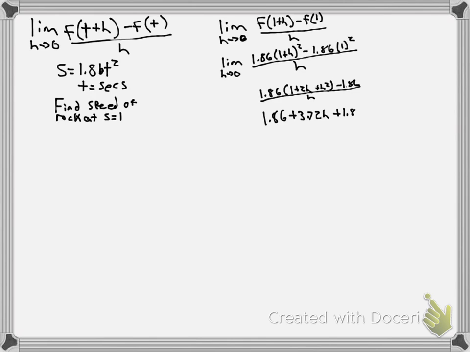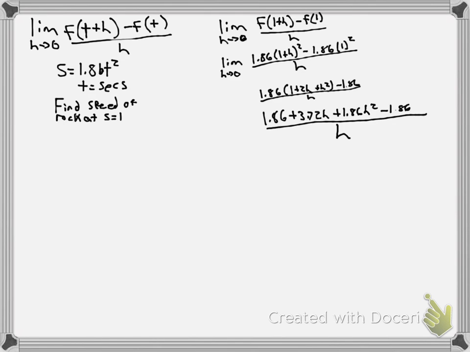So we'll take the limit as h approaches 0. I don't know if you've caught on yet, but in every one of these problems, you've got to be able to factor an h out of the numerator so it'll cancel with the denominator so that you can then find your limit. If you can't do that, you've made a mistake. You might as well stop right there, go back through the problem, and find your error.